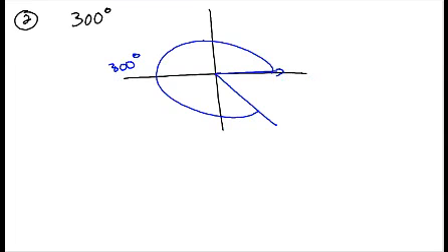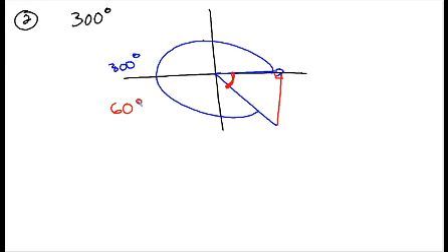But if I want the reference angle, I need the one that's going to get me back to the x-axis, and that's this one in here. So it's obviously 360 minus 300. That's obviously 60 degrees. All right, no matter where I'm at, whether it's a positive or negative angle, you just draw it to get back to the x-axis.